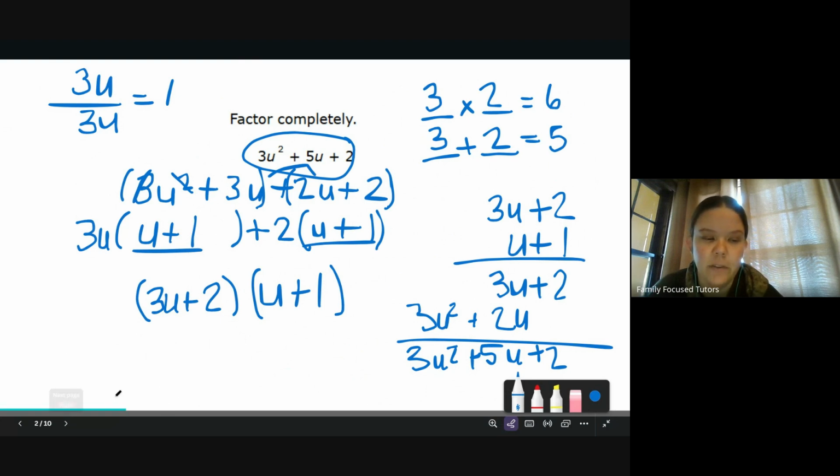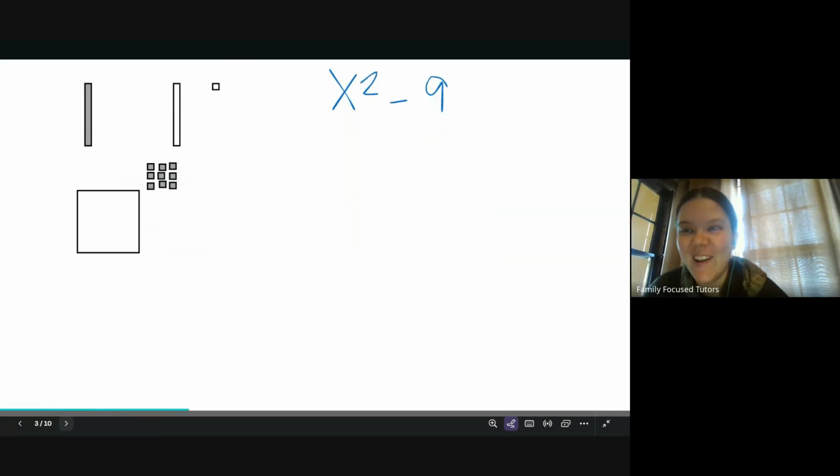Okay. All right, you still feel pretty confident about those? Yeah, that's easy. Okay, so we're going to move on, and we're going to do the difference of squares. This is very similar in the fact that it's the same concept, essentially.